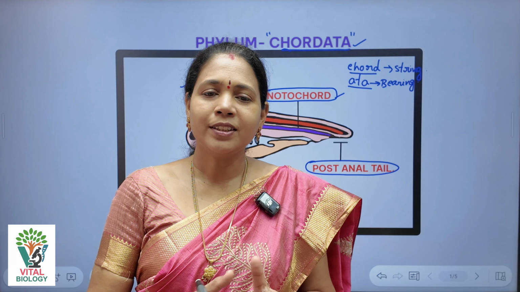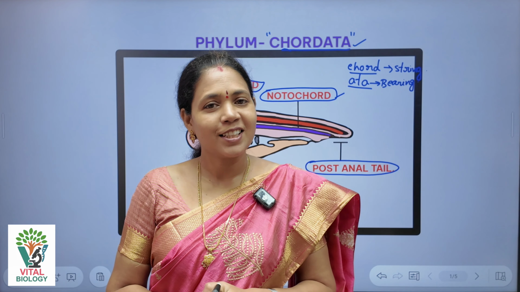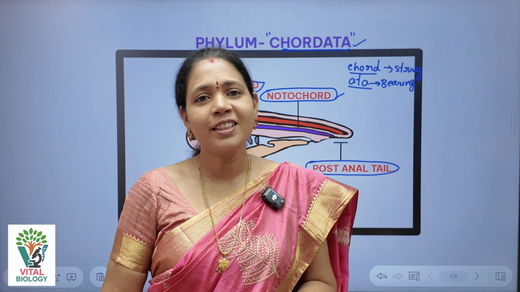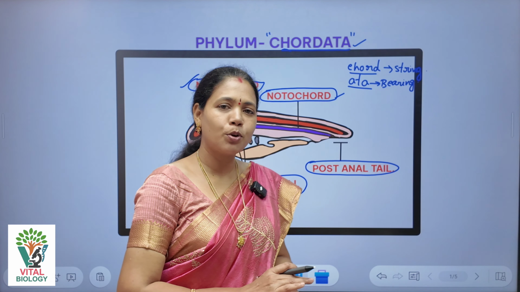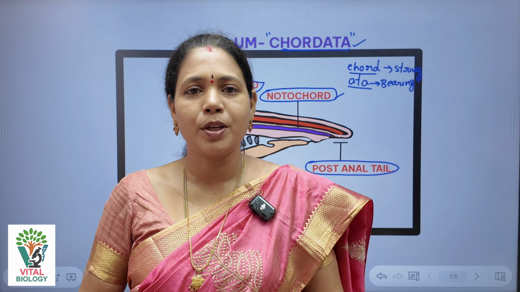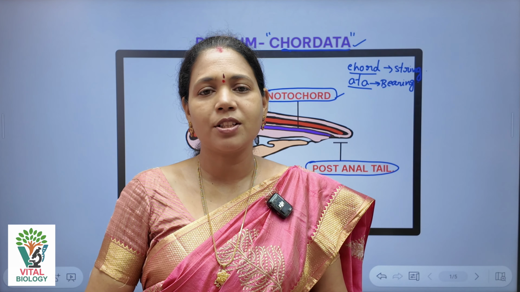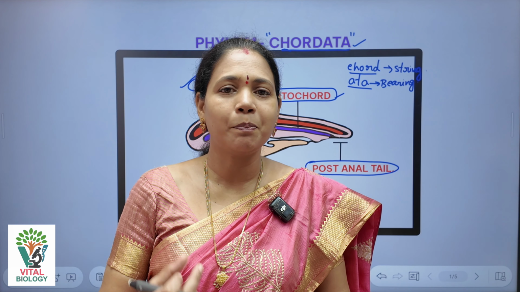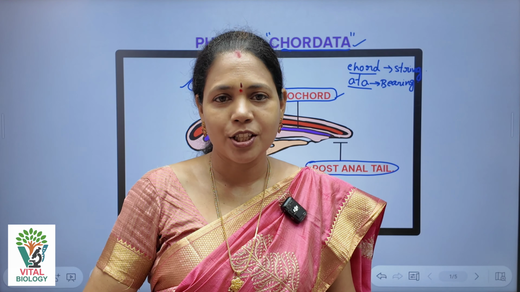Do you think every organism has a post-anal tail? In the case of humans, can we see such a tail? Generally in the embryonic stages, the pharyngeal gill slits and the post-anal tail can be seen, but later on it forms a rudimentary or vestigial structure, the coccyx, which we know is considered the tailbone of our vertebral column.